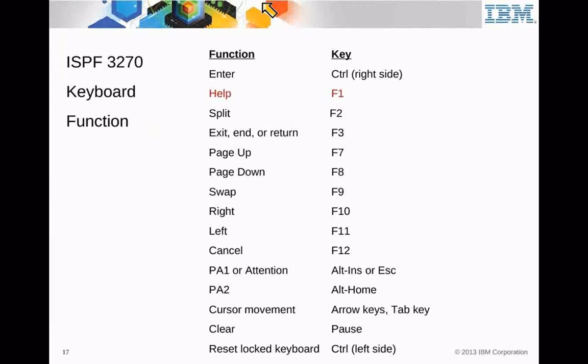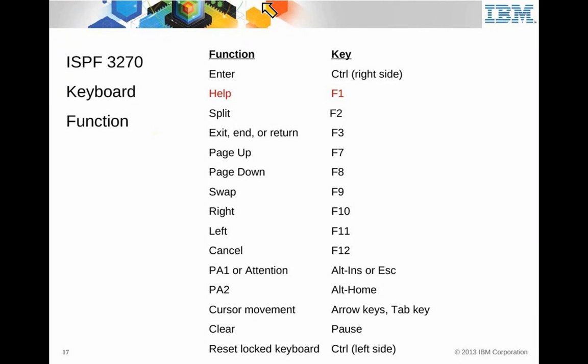It could be different on the X3270. But also the escape key, if you locate the escape key, many times that's mapped to be the PA1 key. There is a program attention interrupt 2, which is a multi-keystroke Alt-Home. As I mentioned about cursor movement, use the arrow keys or the tab key, or use your mouse to click. In TSO and ISPF, you don't want to use clear.